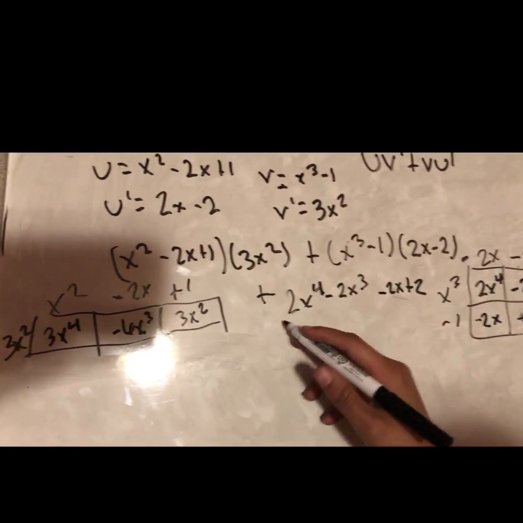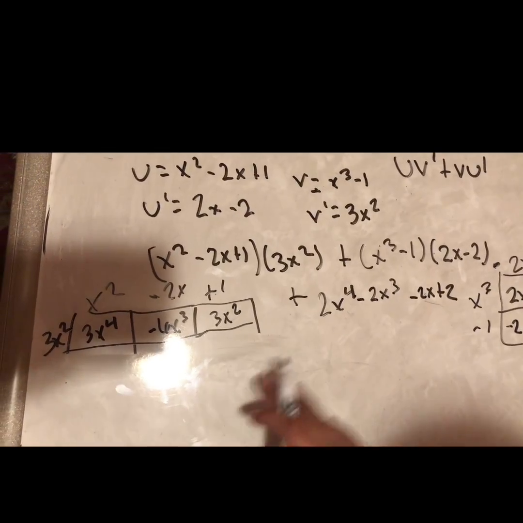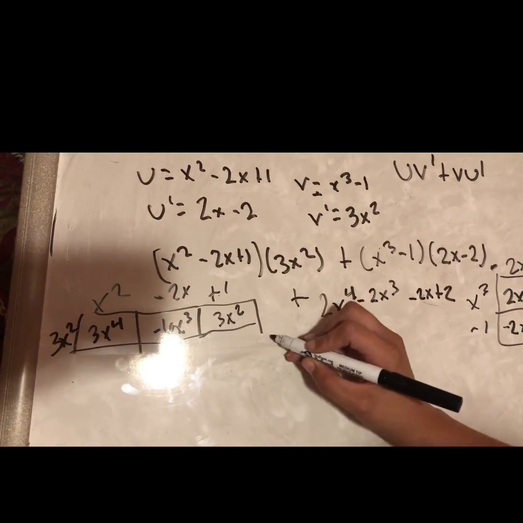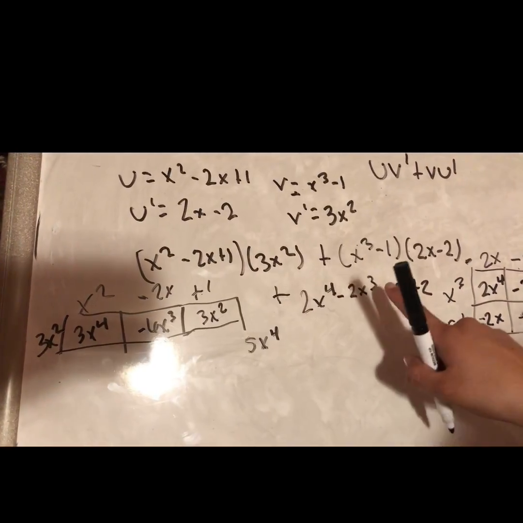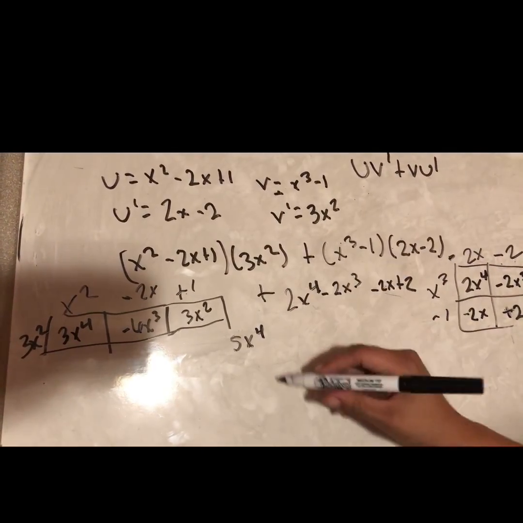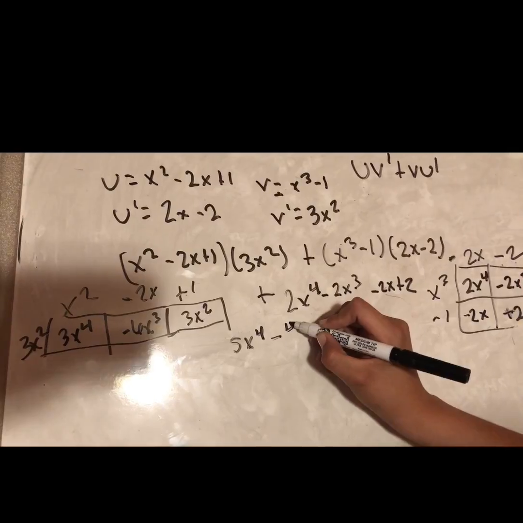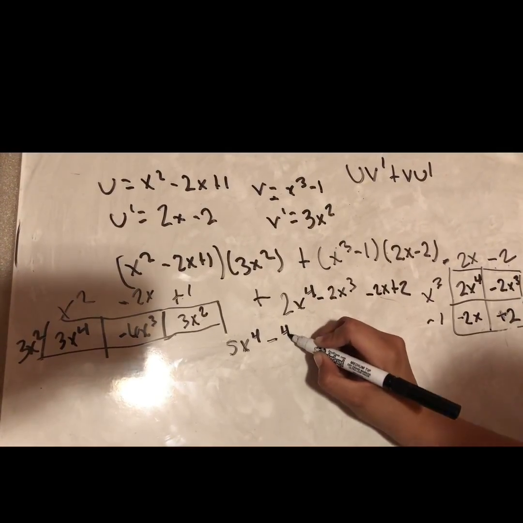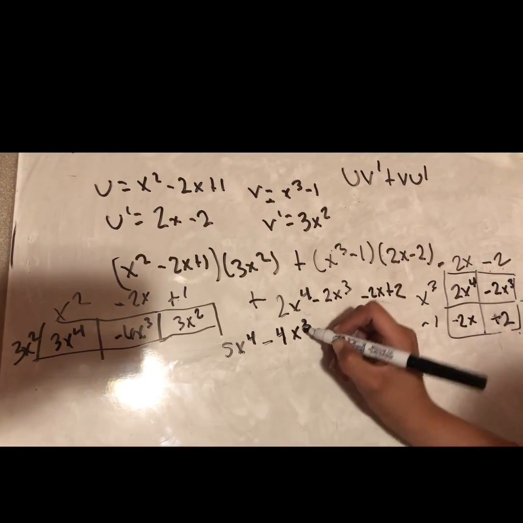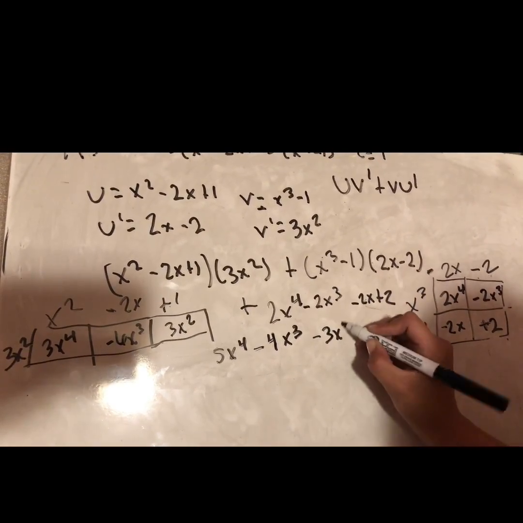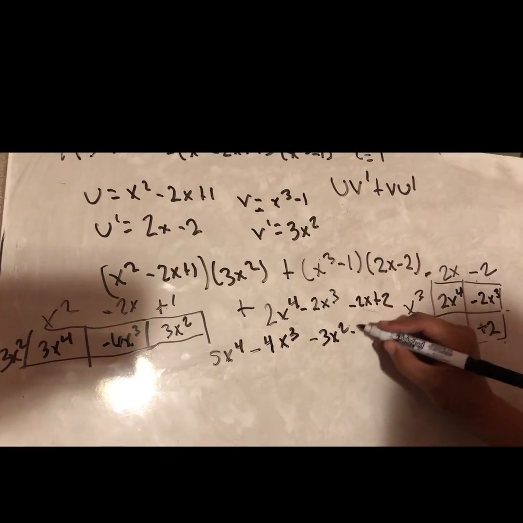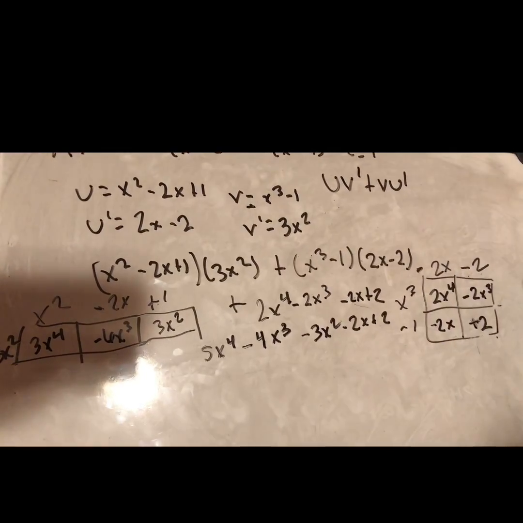Okay, so now we're going to combine our like terms. So it's going to be 5x to the power of 4 and negative 6 and negative 2 is negative 8x cubed, plus 3x squared, since there's no like term on this side, minus 2x plus 2.